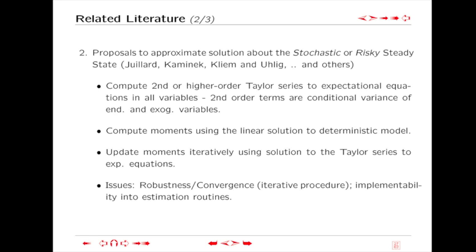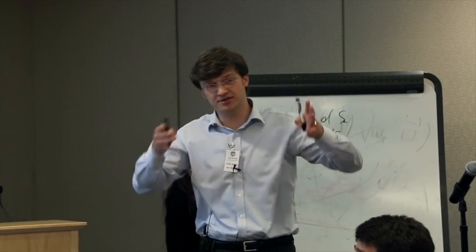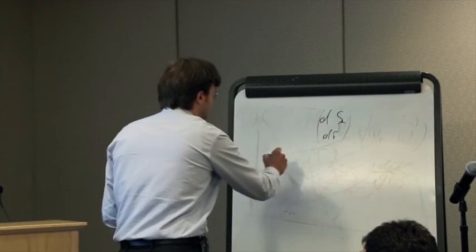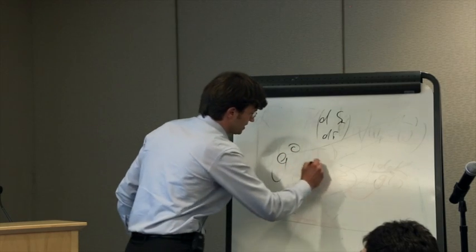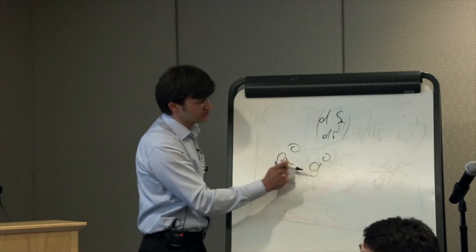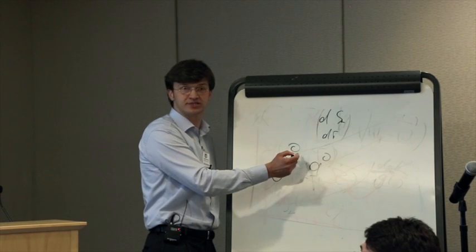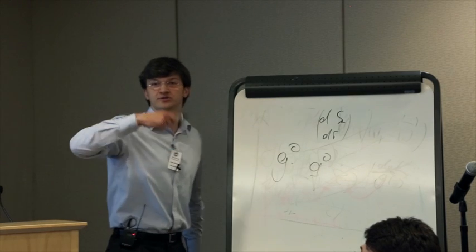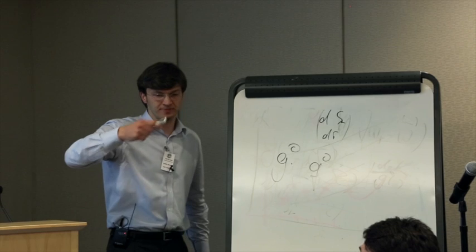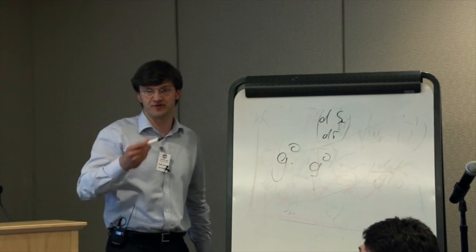Where he computes the stochastic or risky steady state in actually the same way that I do it, in the way he takes the, say, second order equilibrium system, and then he computes the fixed point, but then from this fixed point, he again computes the implication, which I called from the deterministic solution. He then uses the new fixed point, plugs it in here, reevaluates the changes from the deterministic one, and does it in an iterative manner. So he solves for a fixed point.